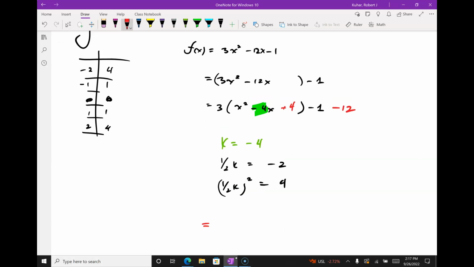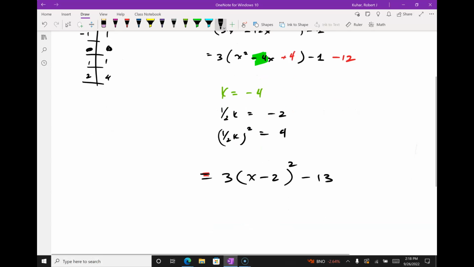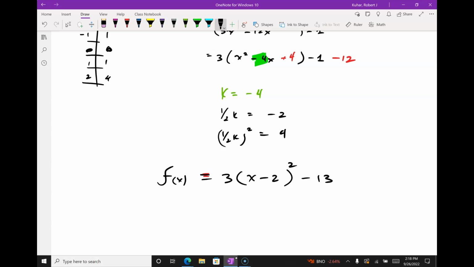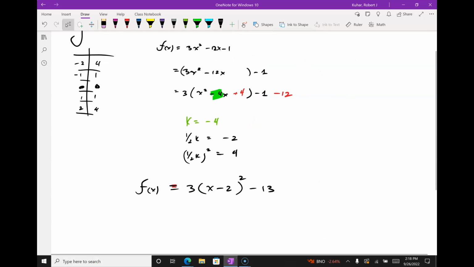Now, that junk I have in parentheses on purpose always turns into x plus half of k quantity squared every single time. Every single time. We're doing it on purpose. Complete the square. Make a square out of it. And there is my transformation of y equals x squared. So what did I do to the x's?